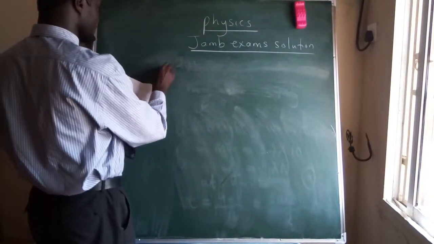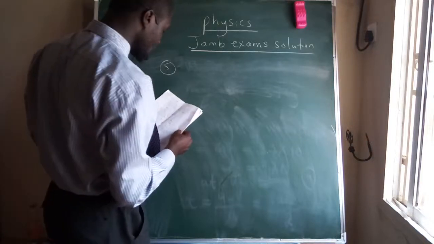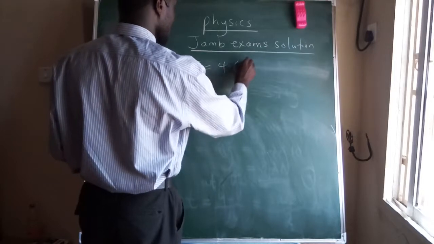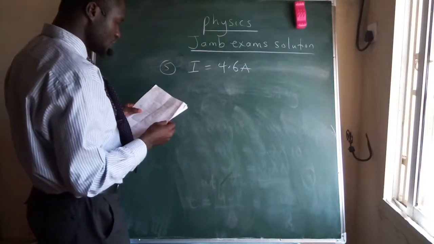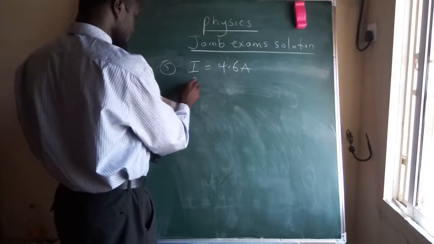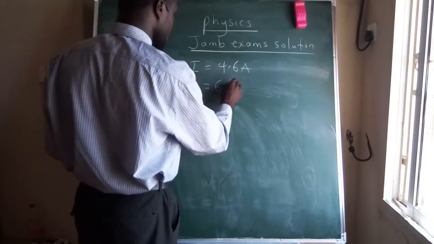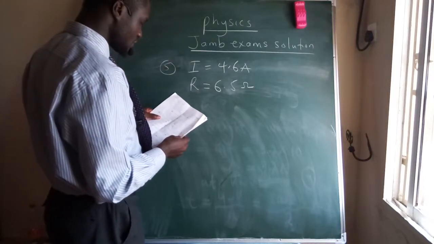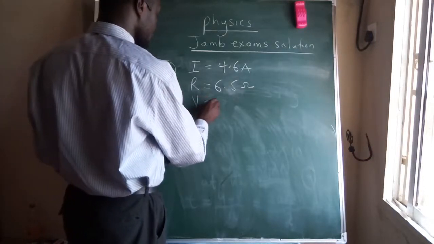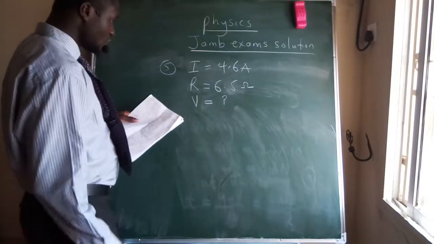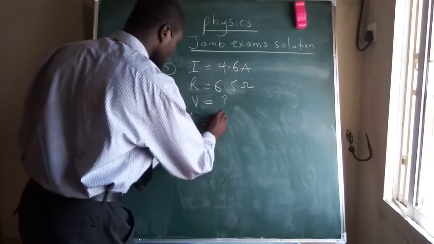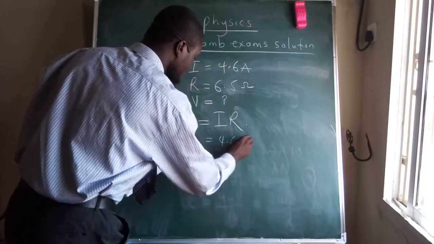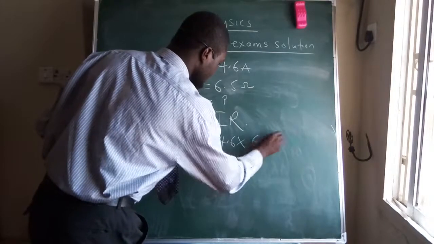So question 5, it says if a current of 4.6 ampere was passed through a wire of resistance 6.5 ohms, the potential difference across the wire is. So we're looking for the potential difference across the wire. Now using Ohm's formula, which says V is equal to IR, and our I is 4.6, our resistance is 6.5.